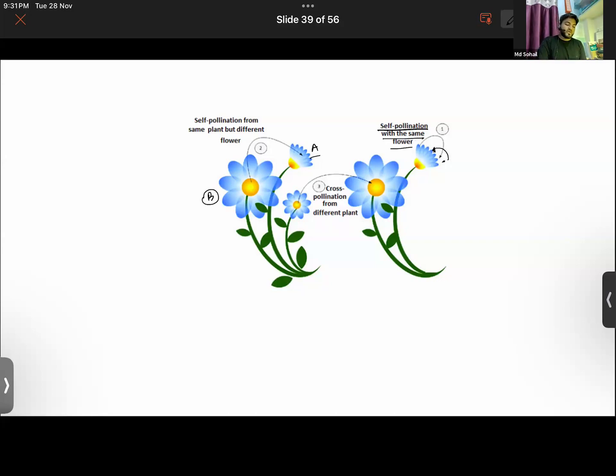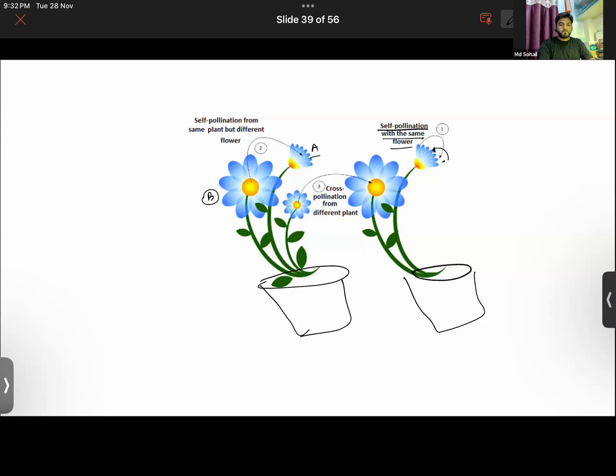Let's say I have planted them in two different pots, right? So if pollination were to take place between this flower and this flower, then it is a cross pollination. So when the pollen grains land on the stigma of a different flower, that is a cross pollination. Getting it or not?